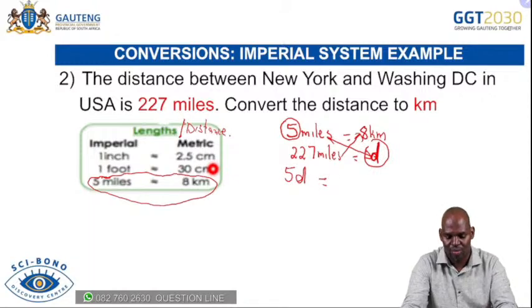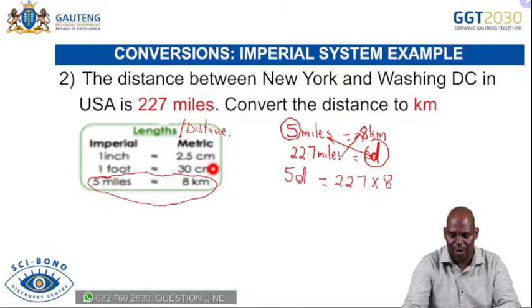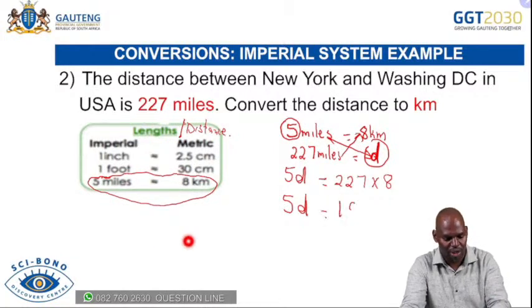equals 227 multiplied by 8. I'm just indicating that I'm multiplying 227 and 8. Then on your calculator, 227 multiplied by 8. Then we still have 5D on the left-hand side. When we multiply, we get 1816.